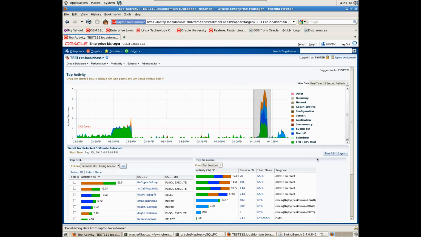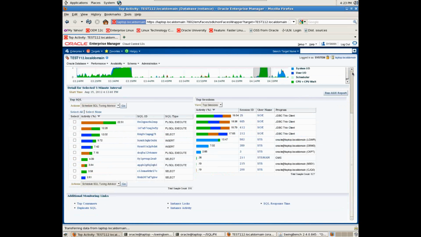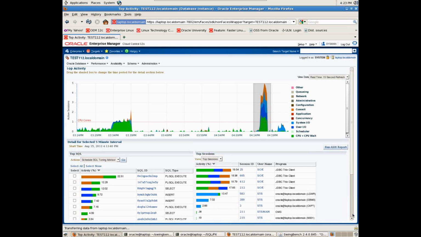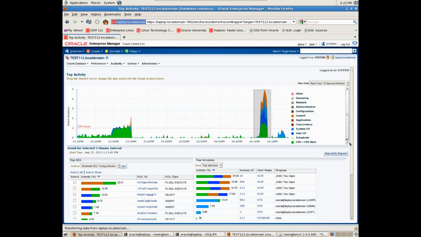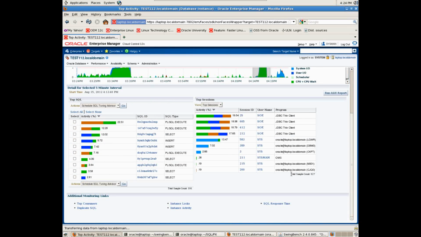Another thing, and this is a tip I got from a guy at Oracle called John Beresniewicz, otherwise known as JB, who I mentioned in the blog. When I was doing this presentation at OpenWorld once, he said people tend to forget that these numbers here are extremely important, this total sample count. Because what the top activity page is showing you is ASH data sampled over a 5-minute window and aggregated. Within this 5-minute window, there are 391 samples across the system with various SQL IDs.